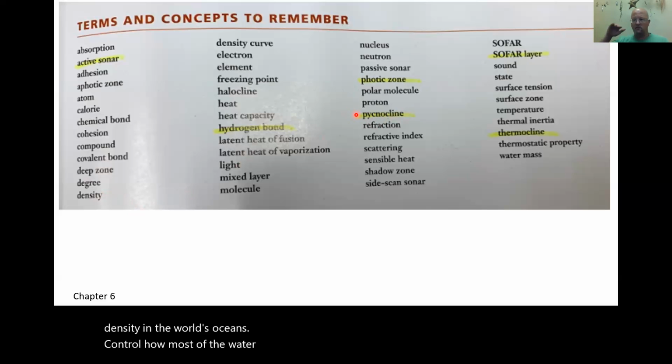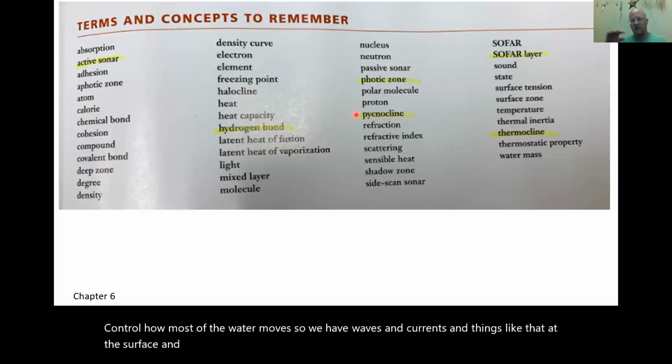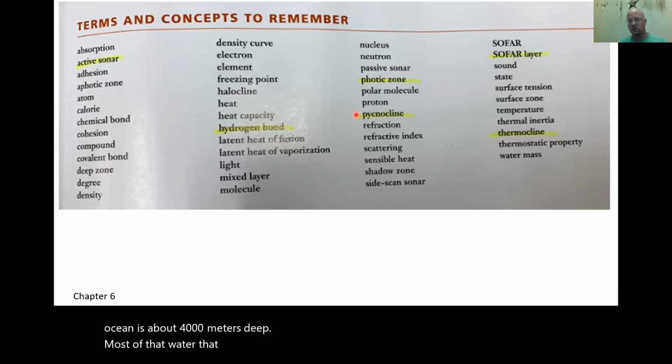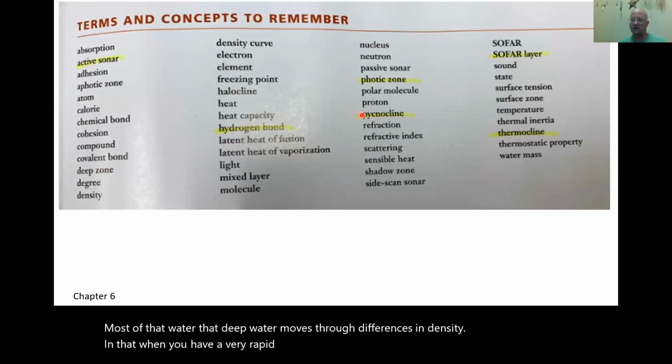So we have waves and currents and things like that at the surface, and that moves a certain part of the ocean. But remember, the ocean is about 4,000 meters deep. Most of that water, that deep water, moves through differences in density. And when you have a very rapid change in density, that's called a pycnocline.